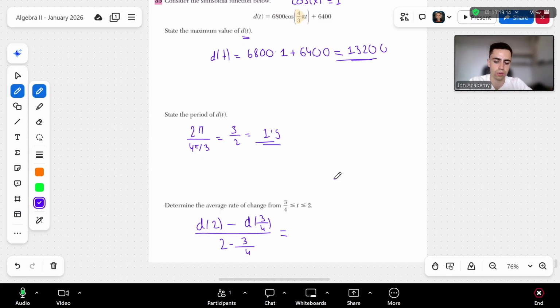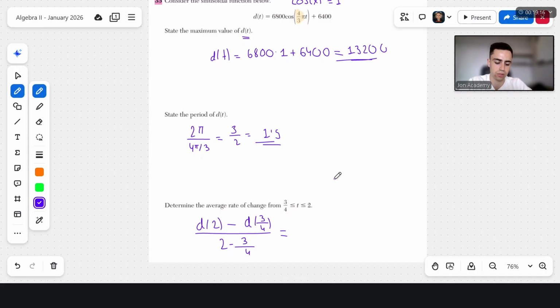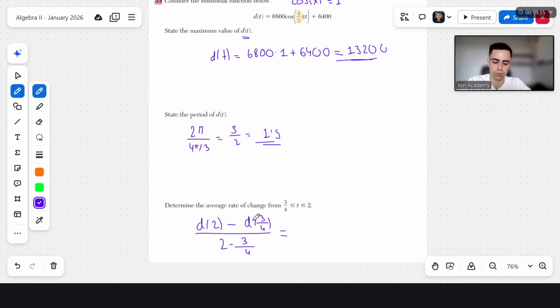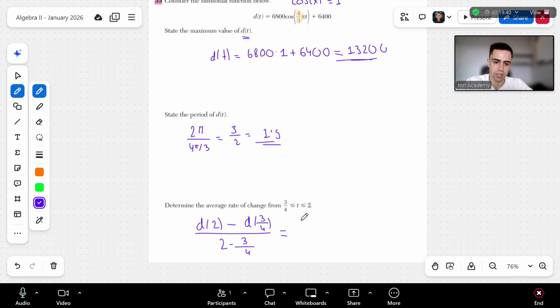So let's do that on the calculator. 6,800 times cosine of 4 thirds pi times 2 plus 6,400. So that's when t equals 2. We have to do that in radians. Yeah, that's going to be 3,000 here. We have to set up the calculator in radians for this exercise.